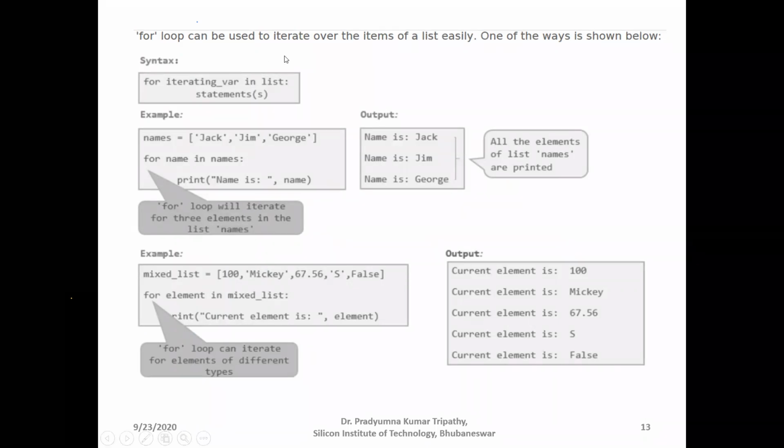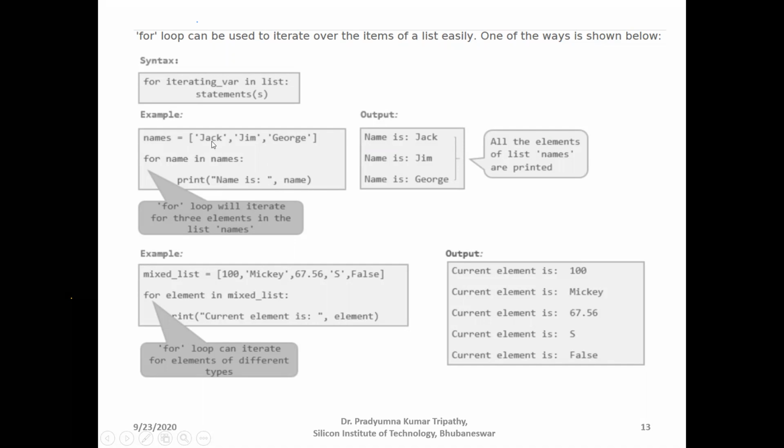The for loop can be used to iterate over the items of a list easily. Usually the for loop is very useful in our list accessing. For example, for iterating variable in the list statements, this is generally the syntax. Names are Jack, Jim, and George. For name in names, print name.